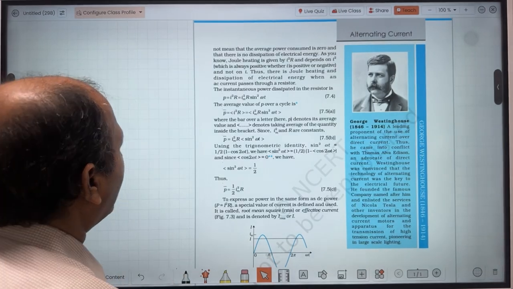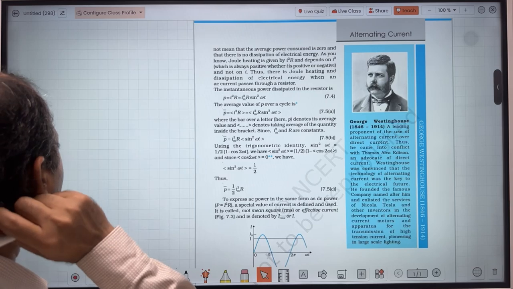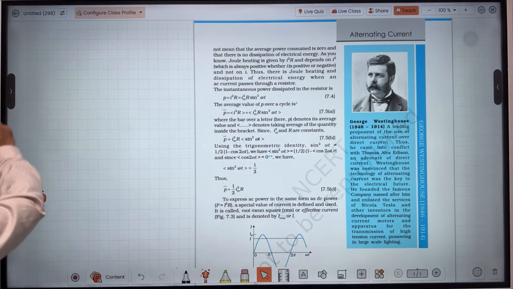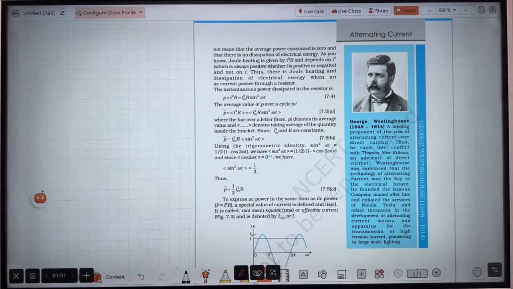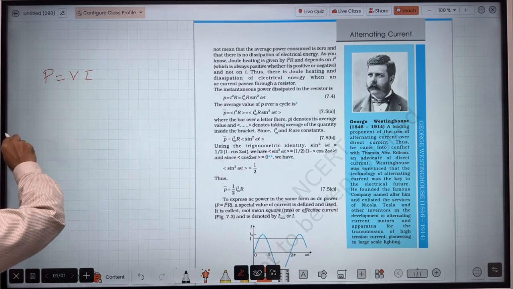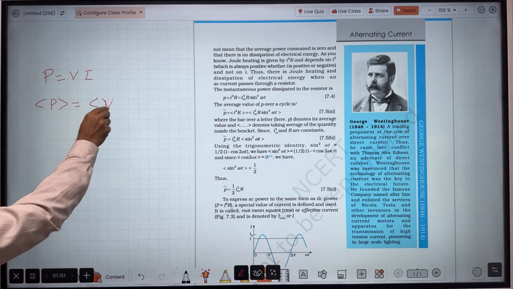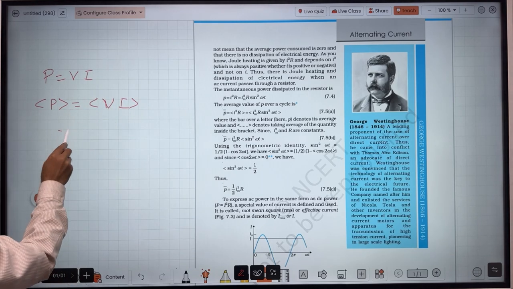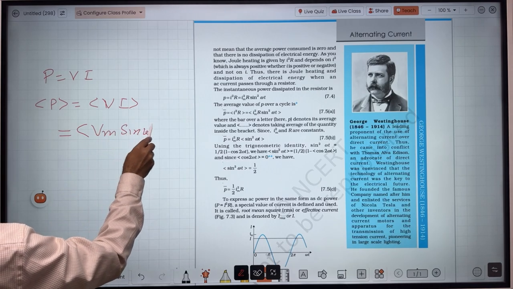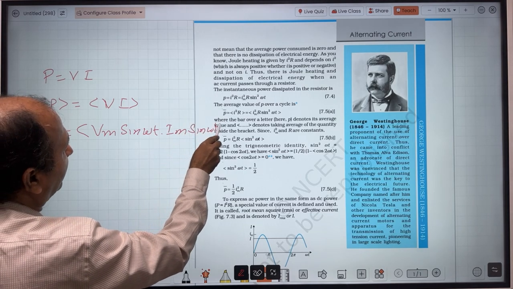Now we are going to see the power consumed in an AC circuit containing a resistance. The power consumed can be easily found by using the formula of average. If you remember, P equal to VI, and if we want to find the average power, we write the average of VI, right? V is Vm sine omega t and I is Im sine omega t.